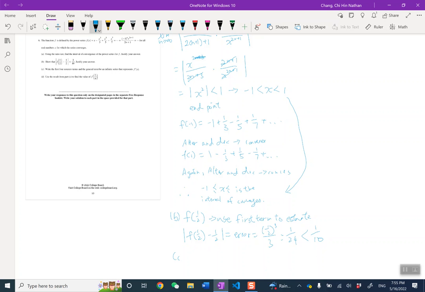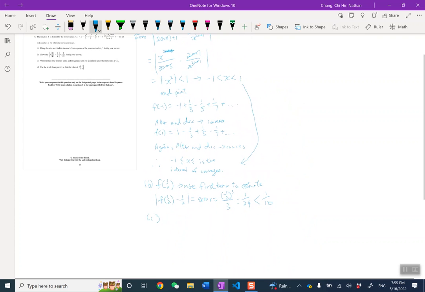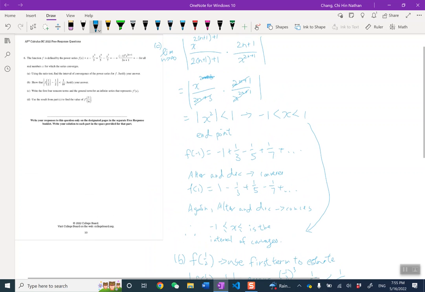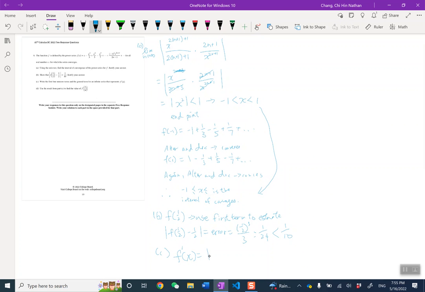Part C. Write the first 4 non-zero terms and the general term for an infinite series that represents f prime of x. Oh, that seems pretty similar. F prime of x. I'll just write f prime of x, and the derivative of x is just 1.